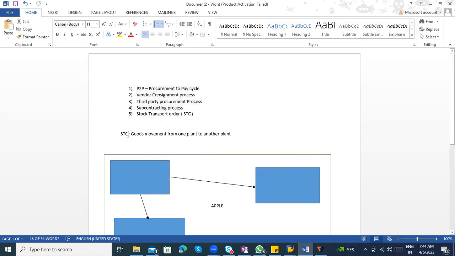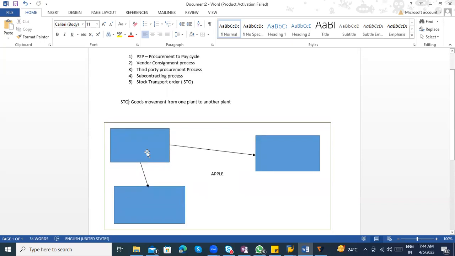But in this case, STO, we have the same company and within it different plants. So in that case, we are not going to any external vendor. We are dealing internally from one plant to another plant.